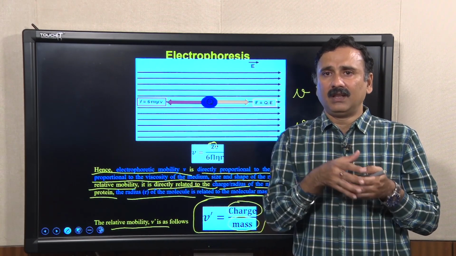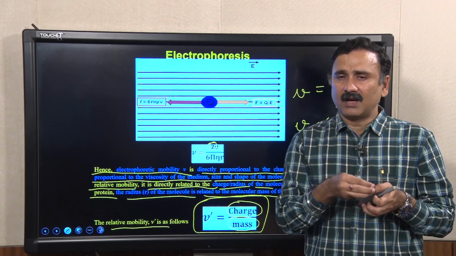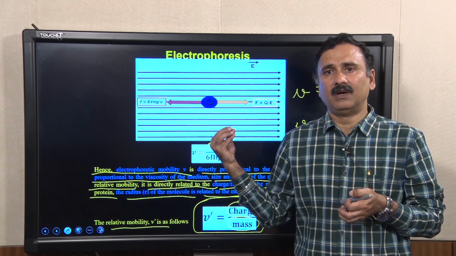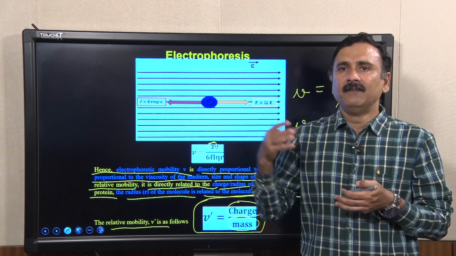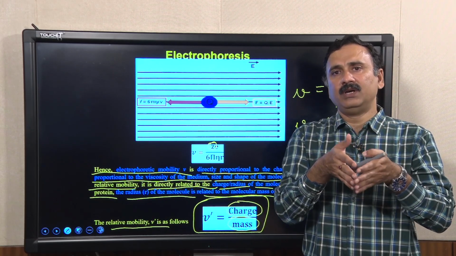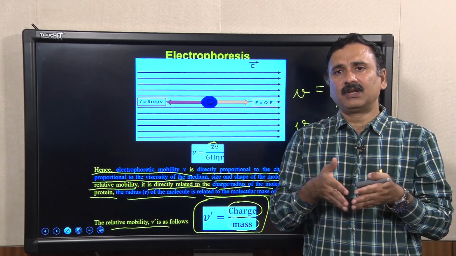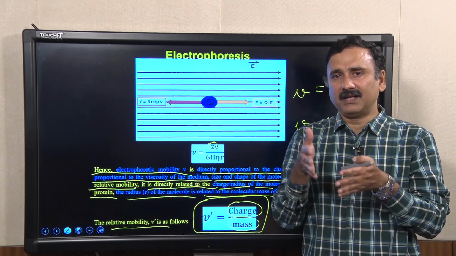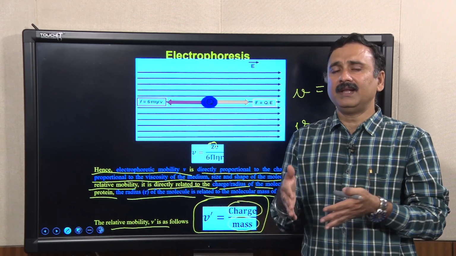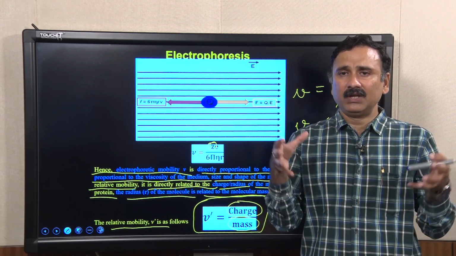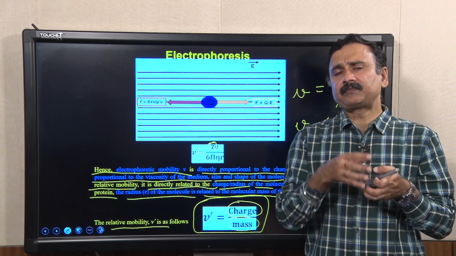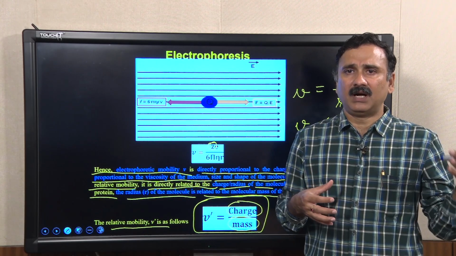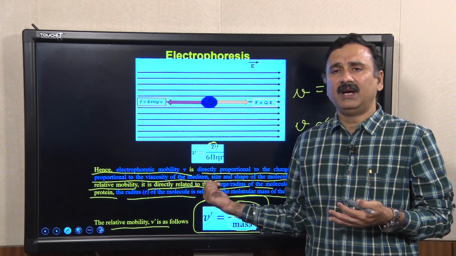Electrolysis is a process where the molecules run through the electric field and reach their respective electrodes, and there the molecule is broken down into individual atoms with the help of the electric field. That is called electrolysis, whereas in electrophoresis, the molecule always remains intact and runs through the electric field, so that it gets separated from the other molecules based on charge by mass.